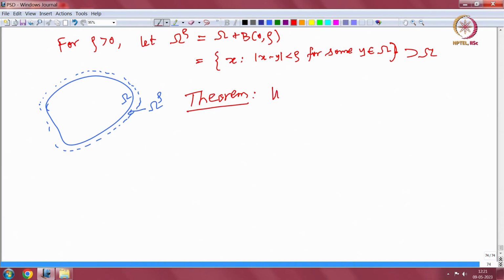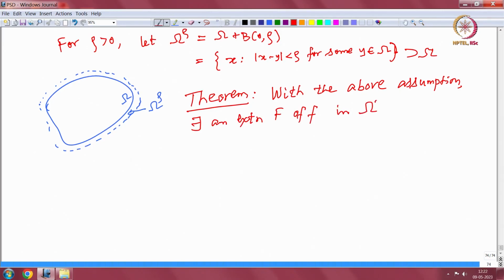So, with the above assumption, there exists an extension f of little f in omega rho for any rho positive.